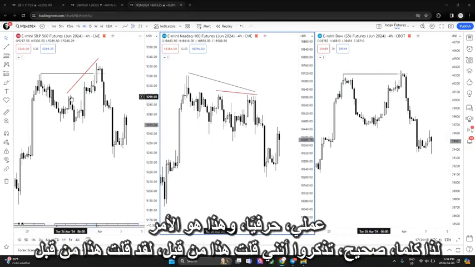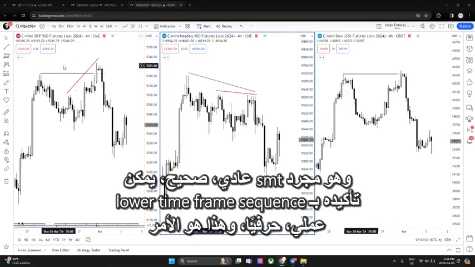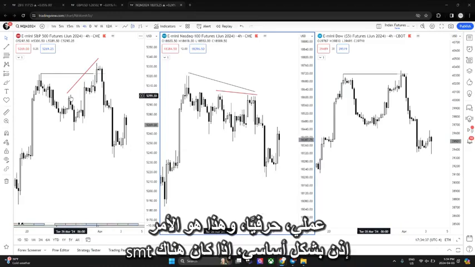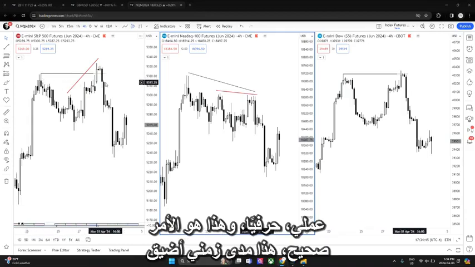So whenever, remember I've said this before, whenever there's SMT, which is just regular SMT, it can be confirmed by a lower time frame sequential SMT. So basically, if there is a SMT which occurred over a wider range of time, this is a lower range of time.